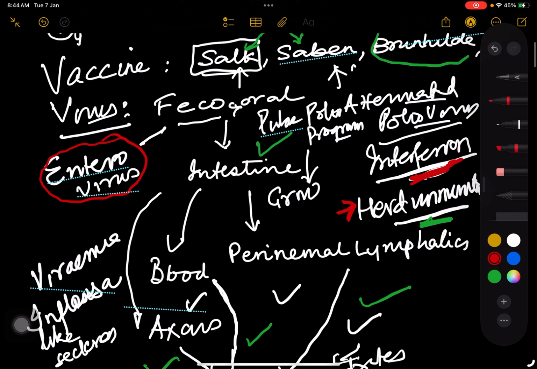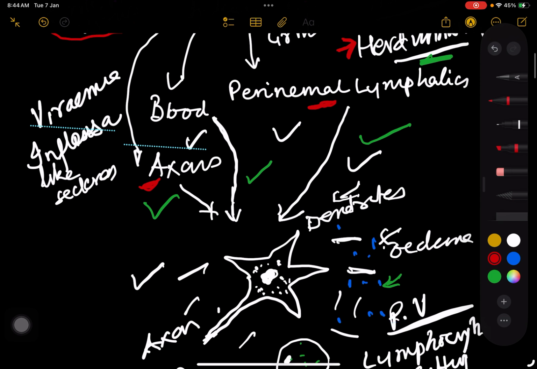They come into the intestine, grow in the intestinal mucosa, and then they travel by bloodstream, by axons and by perineural lymphatics into the spinal cord, into the anterior horn cell. It may be in the medulla region, the anterior horn cell of the spinal cord, or the nuclei of the cranial nerves.